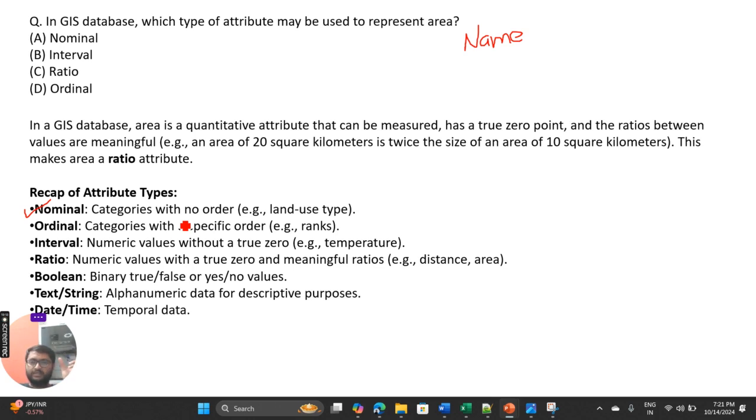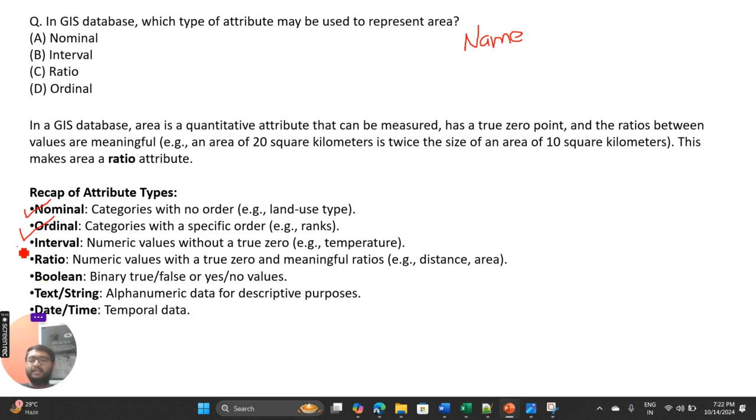Just categories are there. Then we have ordinal, which is a kind of order. You can specify the order of the feature, first, second, third, or a rank in terms of high, low, moderate, basically using orders or ranks. That is known as ordinal attributes.